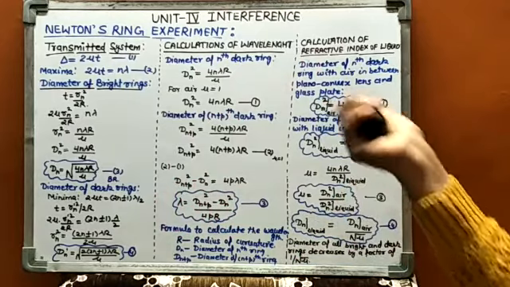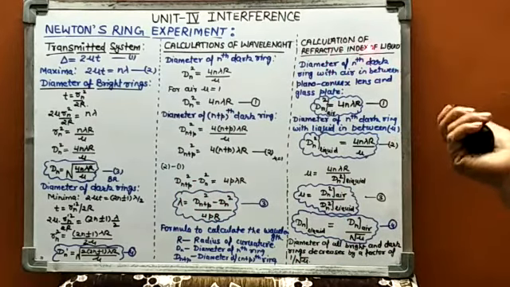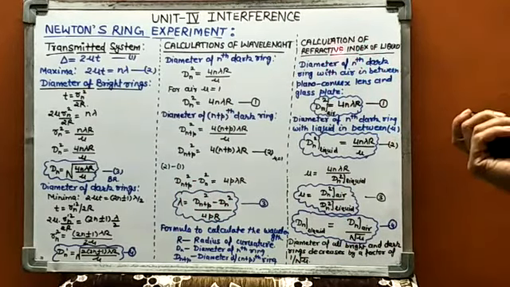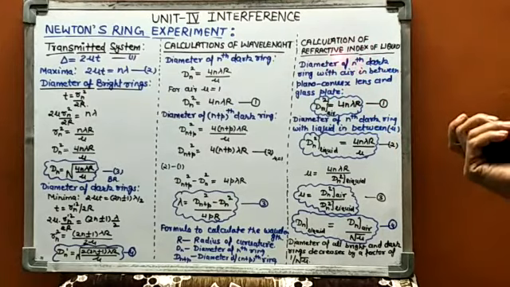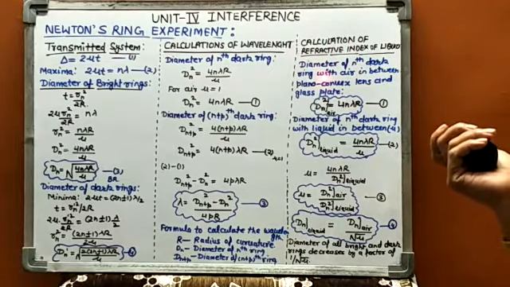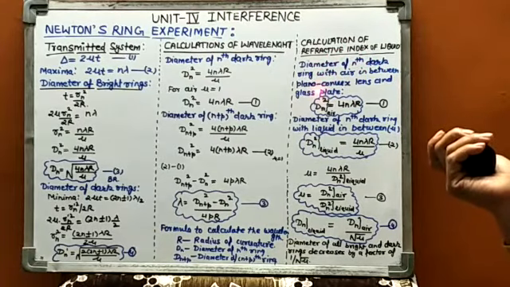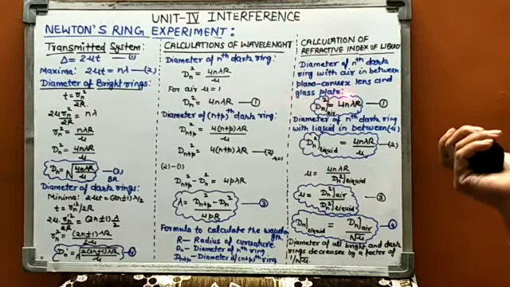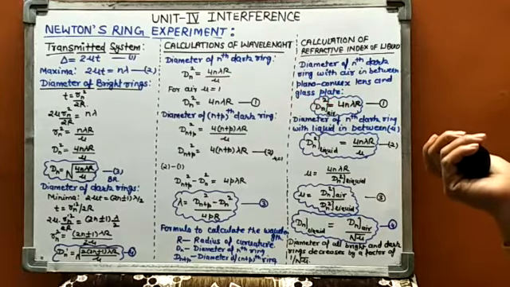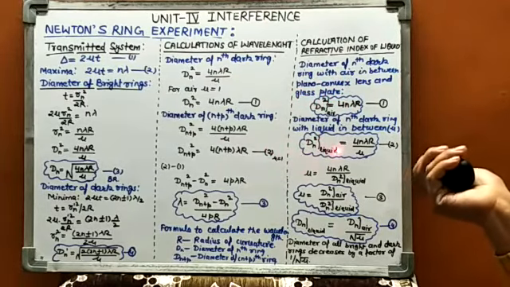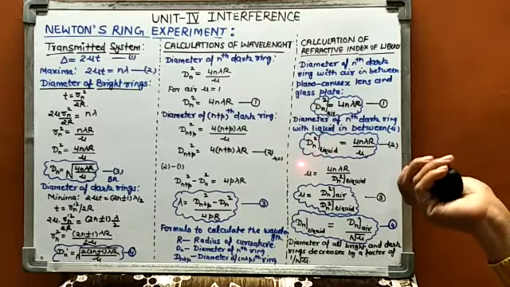The second application is that the refractive index of a liquid can be calculated using the Newton ring experiment. For this, we first perform the experiment with air between the plano-convex lens and the glass plate. Then the experiment is performed with the liquid between the plano-convex lens and the glass plate.